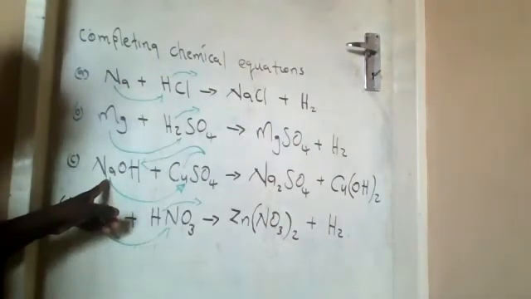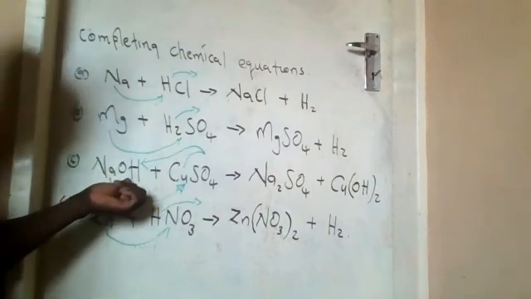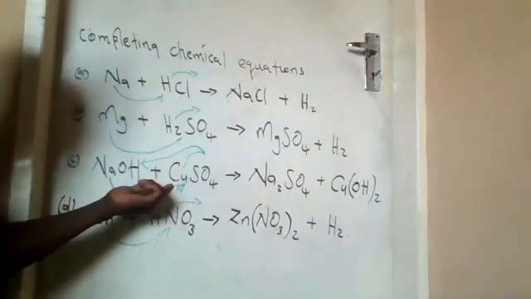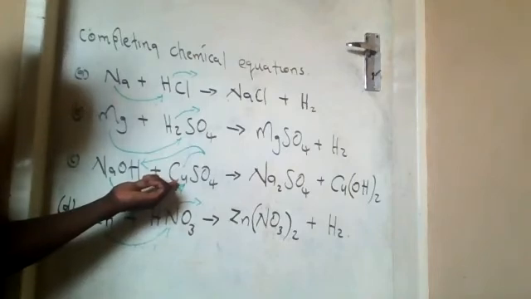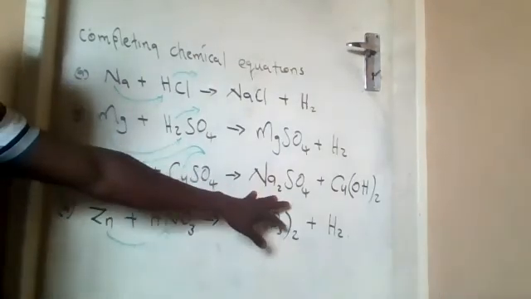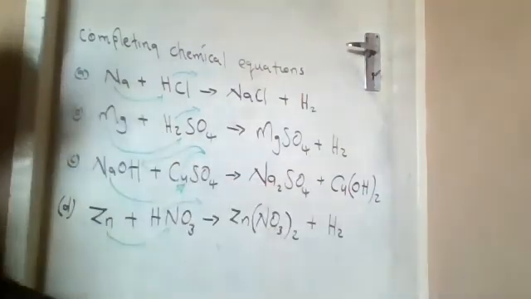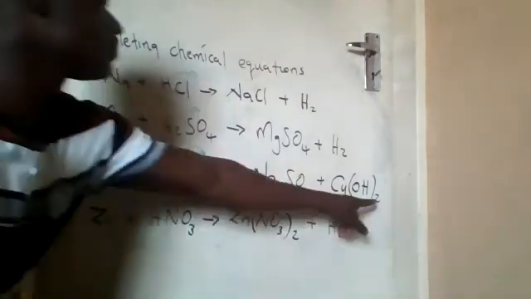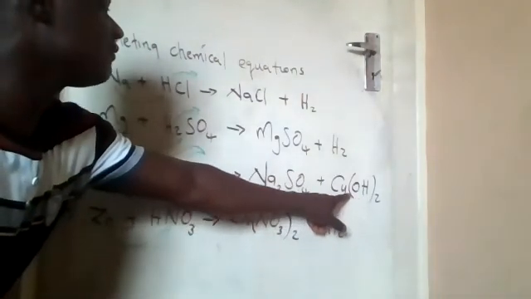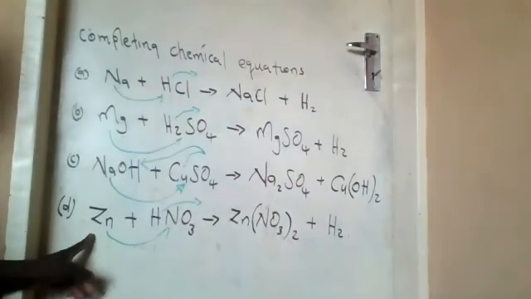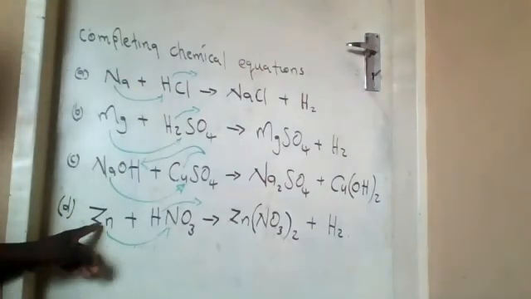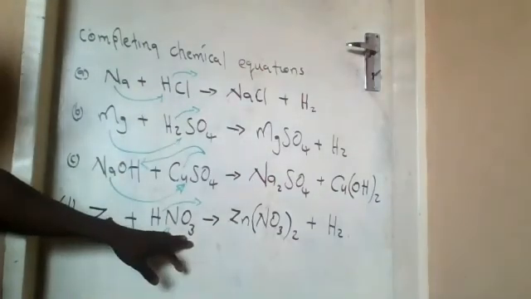Then here we have a double decomposition: sodium hydroxide, which is a base, reacts with this salt, copper sulfate. Then we form a salt, which is sodium sulfate, plus the copper hydroxide. So this 2 is the valence for copper. Then the last but not the least is zinc reacting with nitric acid.